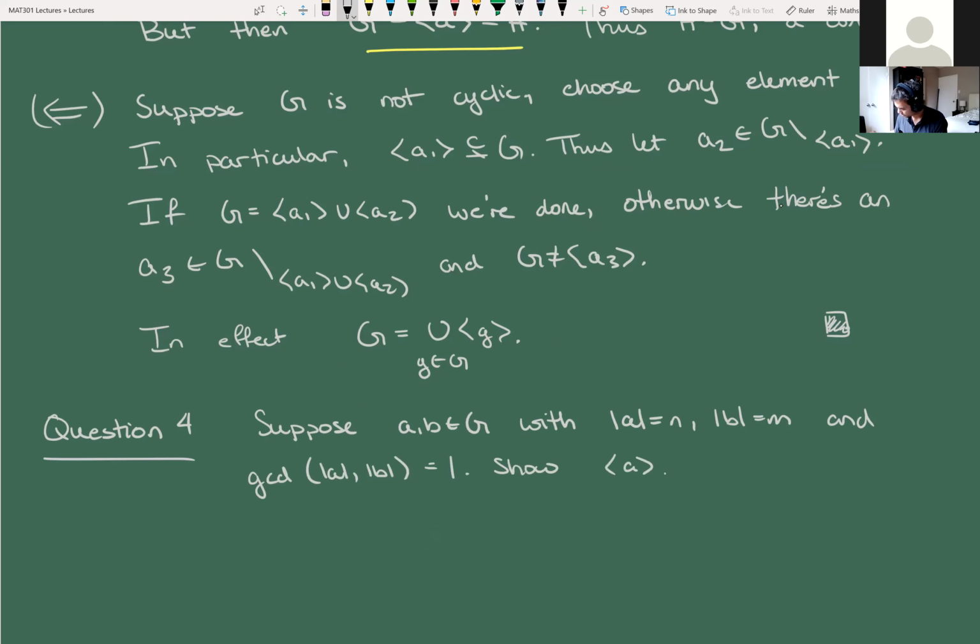Show that their cyclic subgroups intersect trivially. Okay, I'll give you 4 minutes to try that, and let's see where that goes.